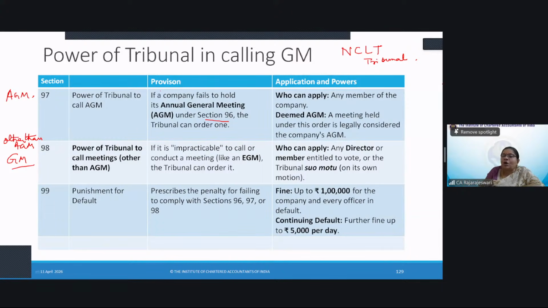A director or a member entitled to vote can apply to the tribunal and ask for a meeting, or the tribunal suo moto. Suo moto means on its own.